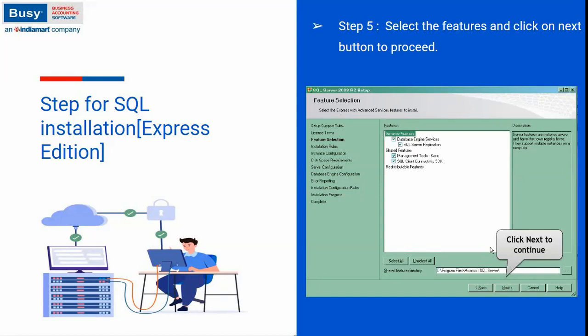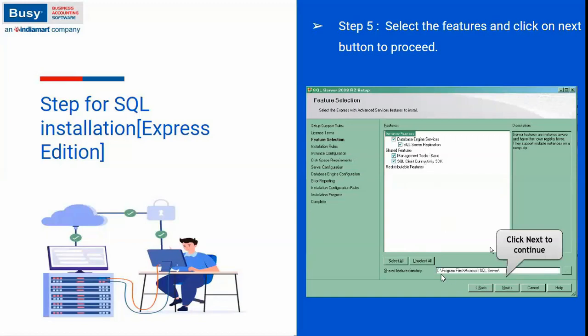The priority feature to install, which is needed for integrating Busy with SQL, is the database engine service. You also have to select the feature called management tools basic. These two features are mandatory. Other features you can select or deselect.